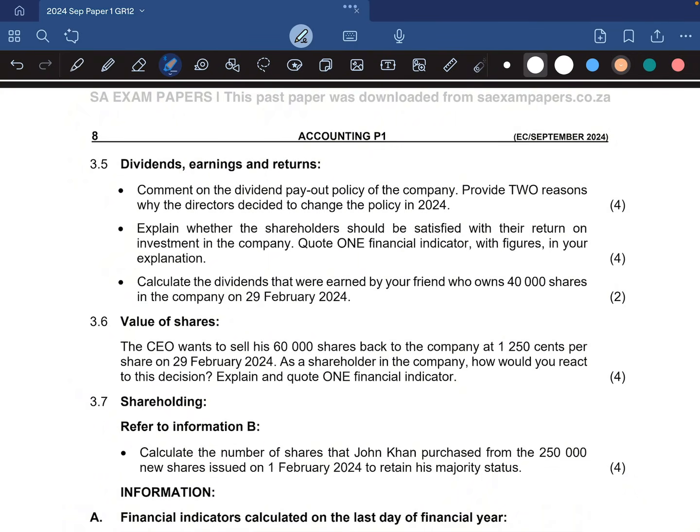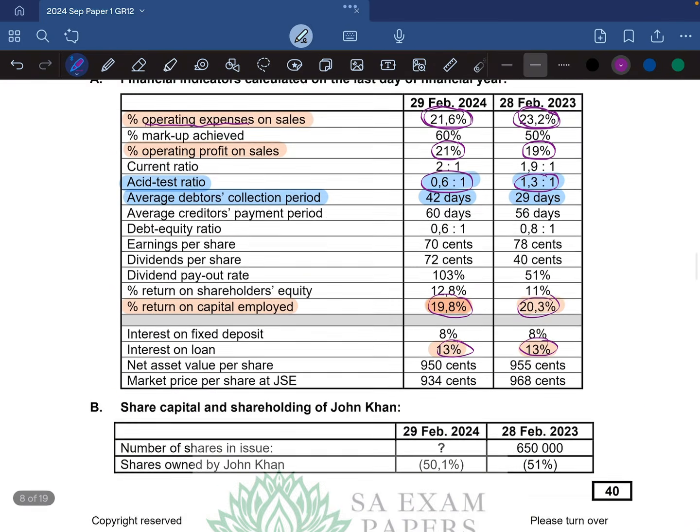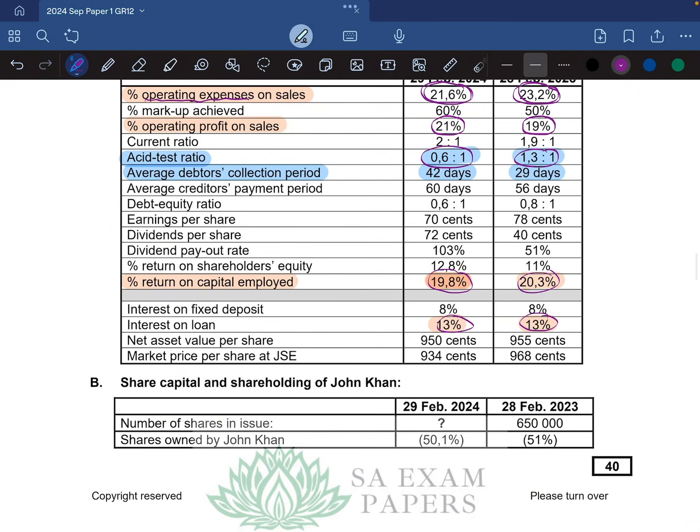When we're looking at dividend payout policy, we want to determine the earnings per share and how much of those earnings per share we pay out to our shareholders. And then we need to provide two reasons why the directors decided to change the policy in 2024. So let's look at our earnings per share, and then we look at our dividend payout rate.